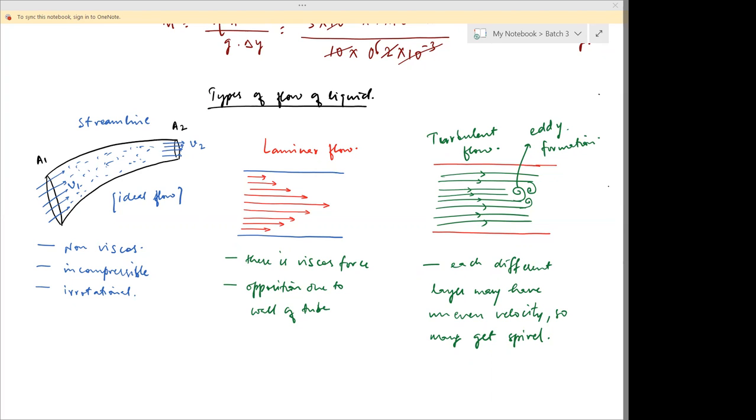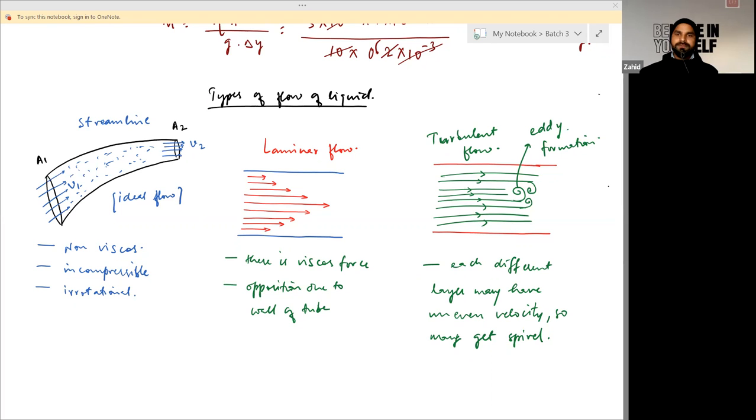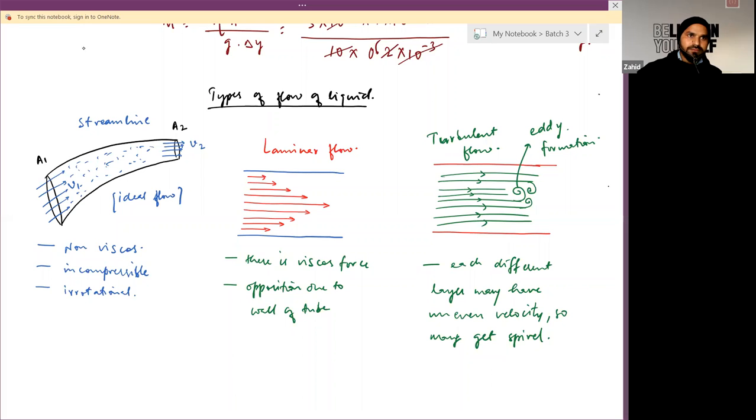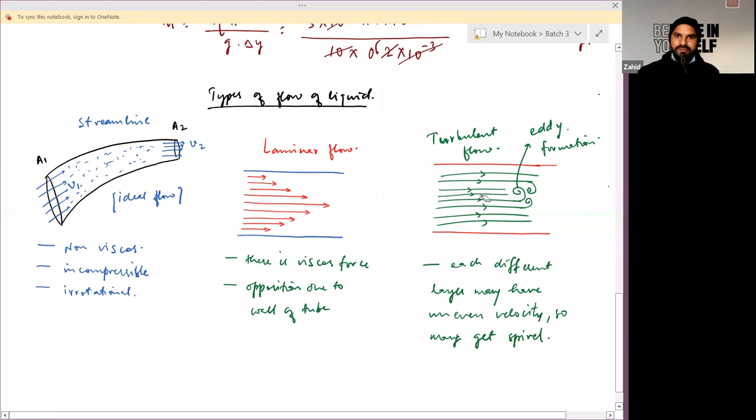Sir, can you explain turbulent flow again? In this turbulent flow, there is irregularity in velocity of each layer, or uneven velocity between layers. If this layer is moving with some velocity v, let's say this adjacent layer may have some greater velocity. So it moves along this direction till this point. There will be some vacant space at this point, due to which it may move along and get spiraled.